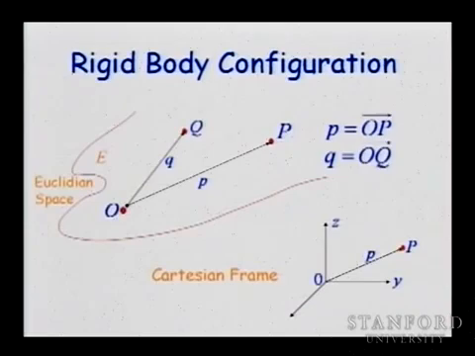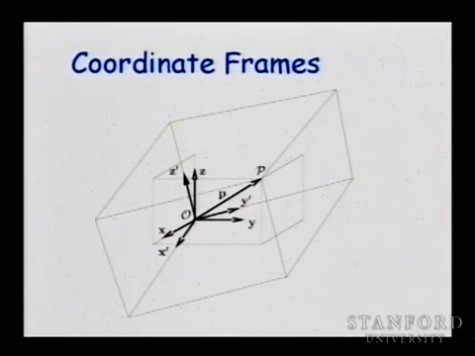We will work with orthonormal frames, x, y, and z, and we will go from one frame to another. So in this case, x, y, and z, and we did a small rotation about the same origin, and we ended up with a different frame. And we need to know how we can take a description of the coordinates of p in the frame x, y, and z, and then go to a description in frame x prime, y prime, and z prime.